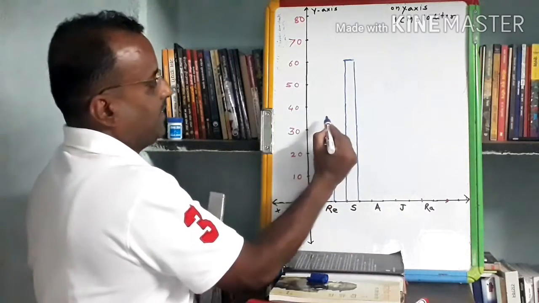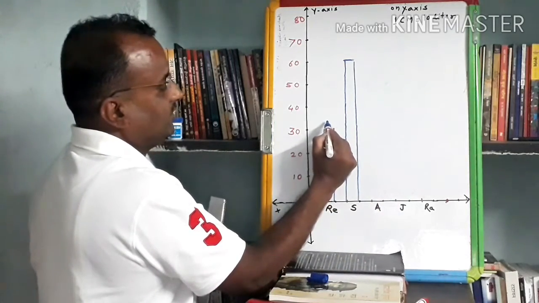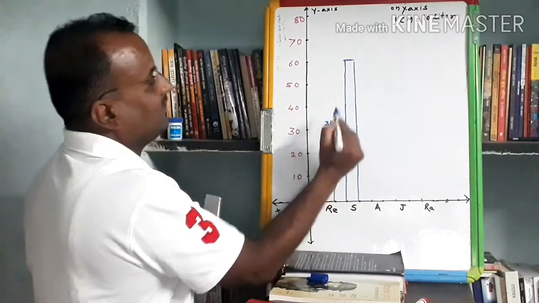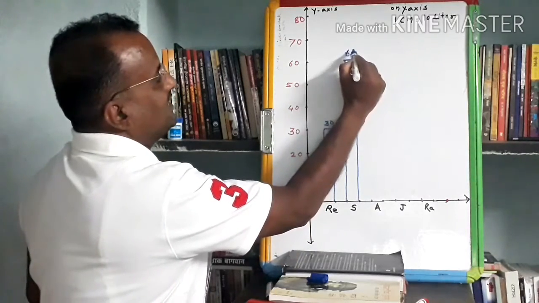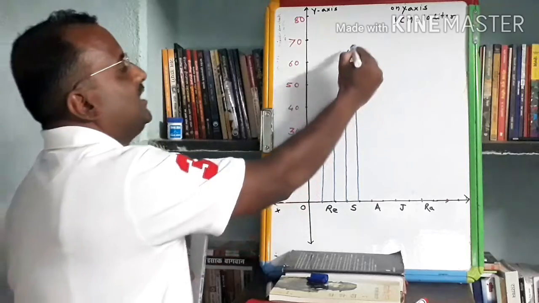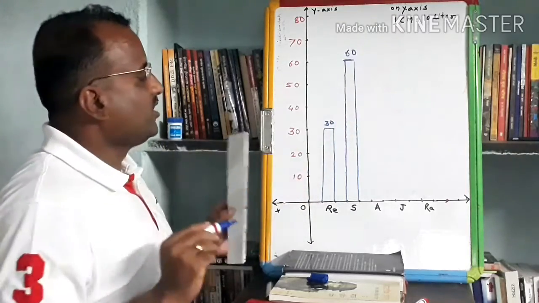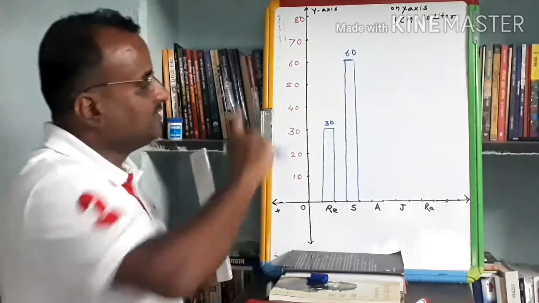This is Ramesh's family, 30 liters. This is Shobha's family, 60 liters. I am writing on the top of the bar for understanding for viewers. In the bar graph it is not necessary.